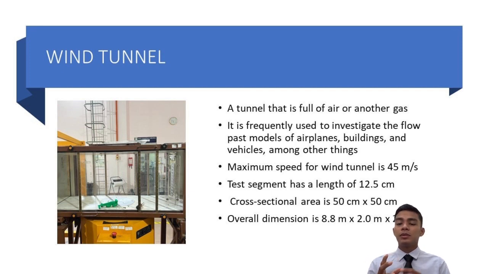The maximum speed for the wind tunnel in this study is 45 meters per second. The test section has a length of 12.5 cm. Cross-sectional area is 50 cm times 50 cm. Overall dimension of the wind tunnel is 8.8 meters times 2 meters times 2.3 meters.